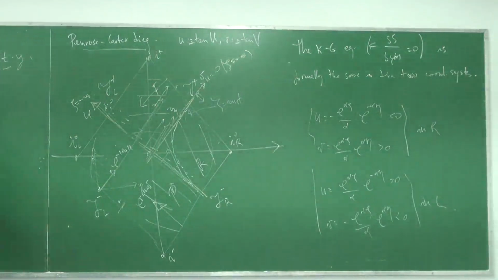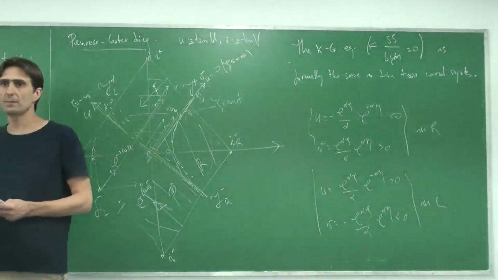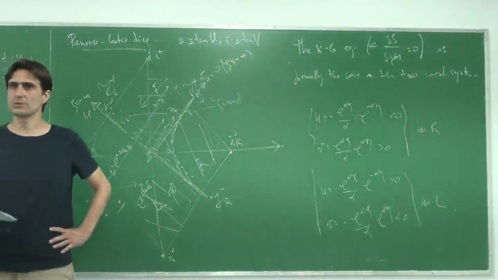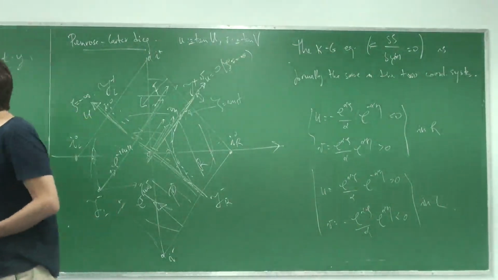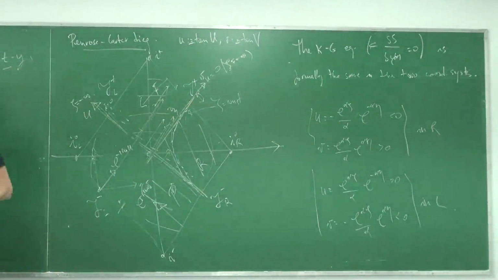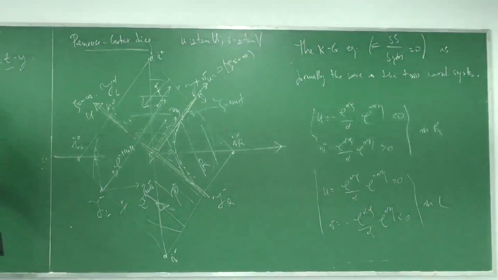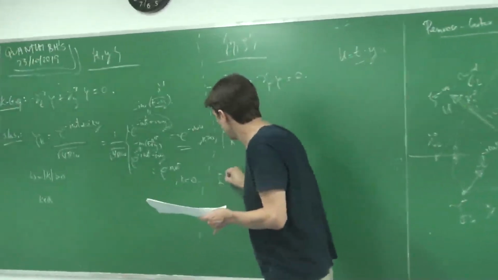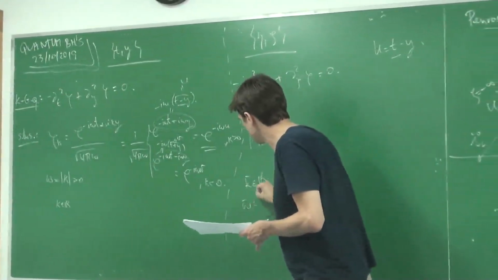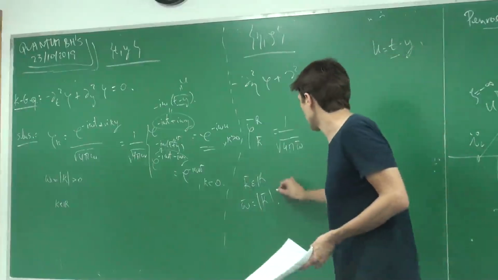solutions. Now, what about, I'm going to call them this. Instead of k, I'm going to use k bar. Instead of phi, I'm going to use phi bar R, because these are going to be in the right Rindler wedge. So formally they are the same. Formally they are 1 over square root of 4 pi omega bar, where now k bar goes over the reals, and omega bar is just the absolute value of k bar, which is positive, of course.